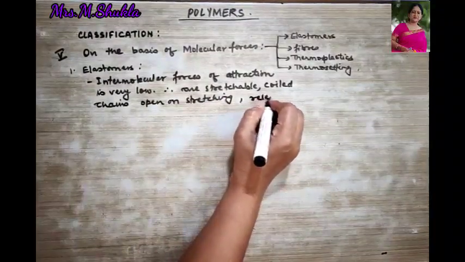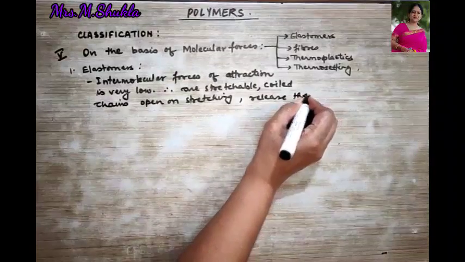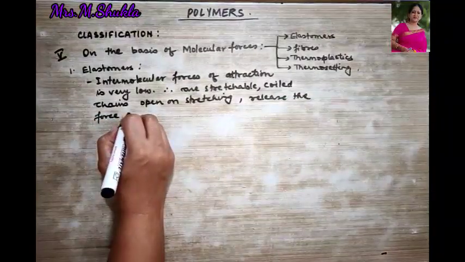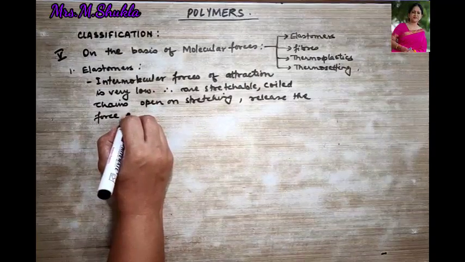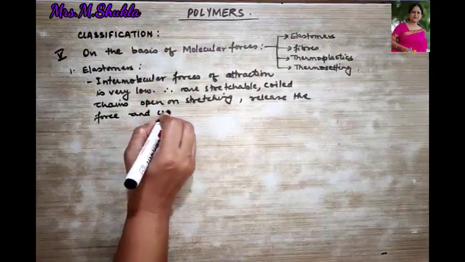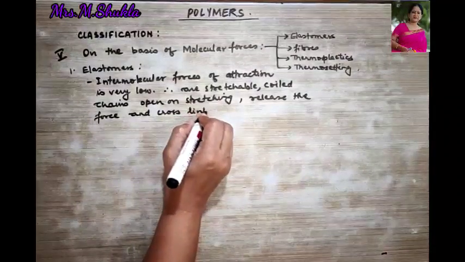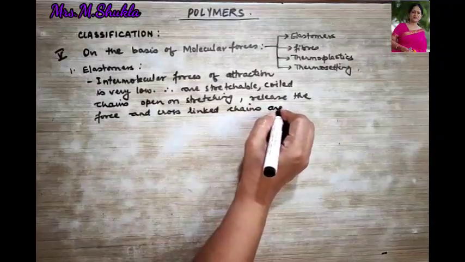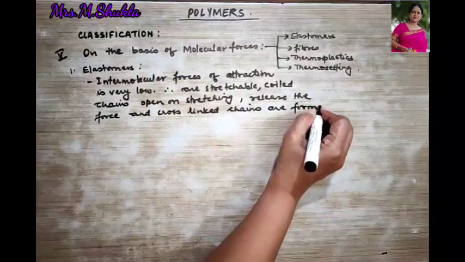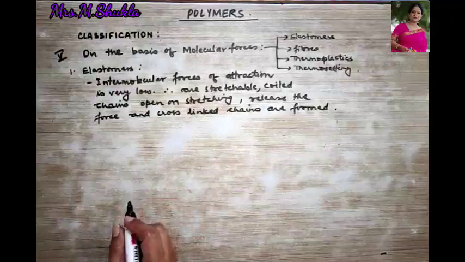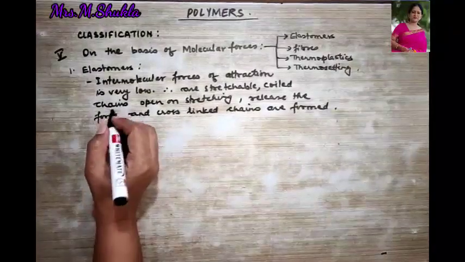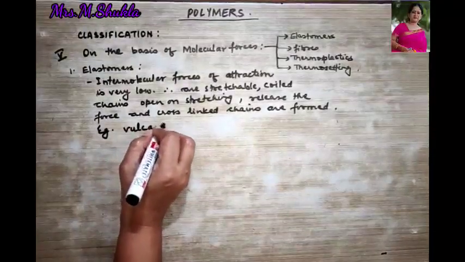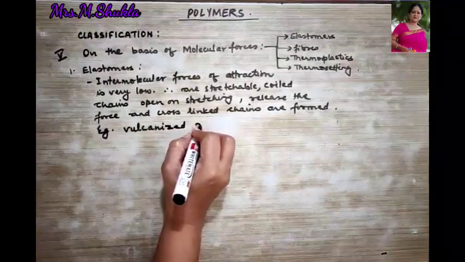Okay, they release the force and cross-linked chains are formed. Okay, so these are called elastomers. Example, as I told you, it was your vulcanized rubber.